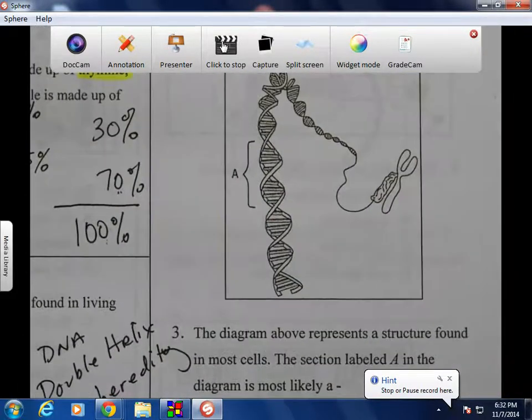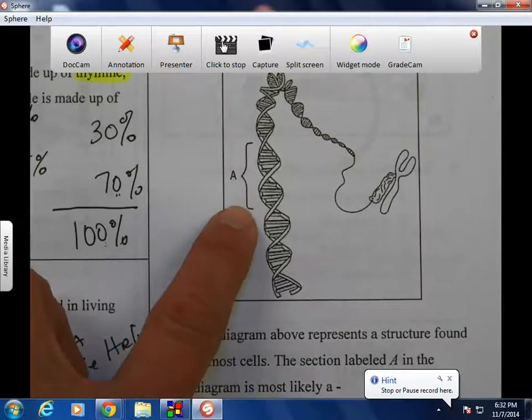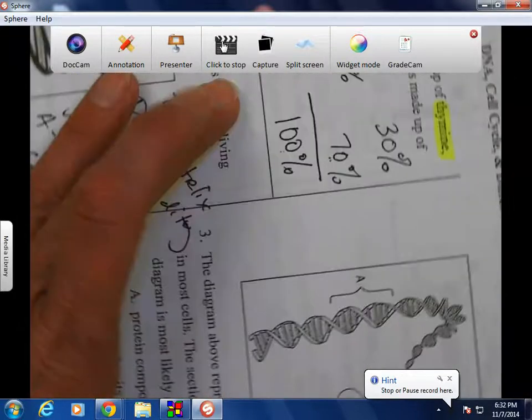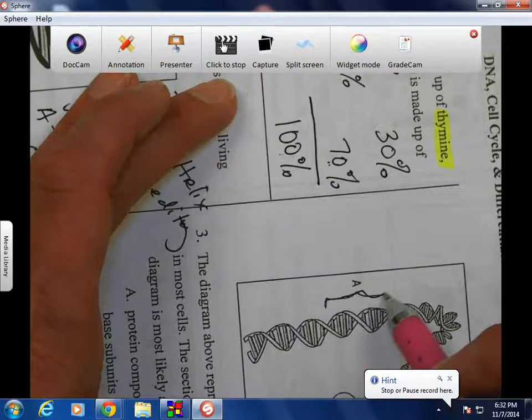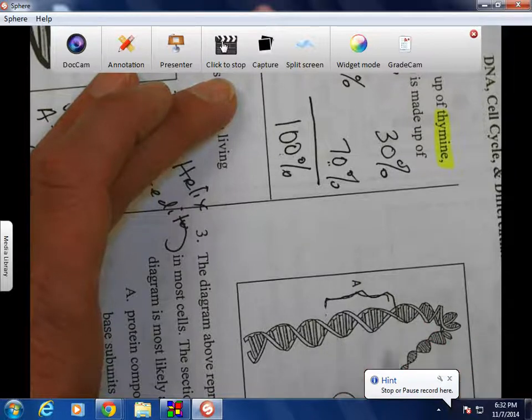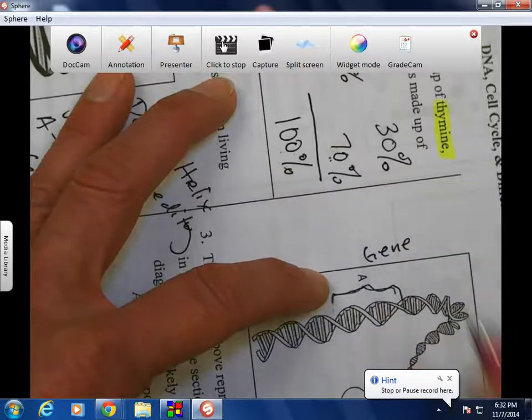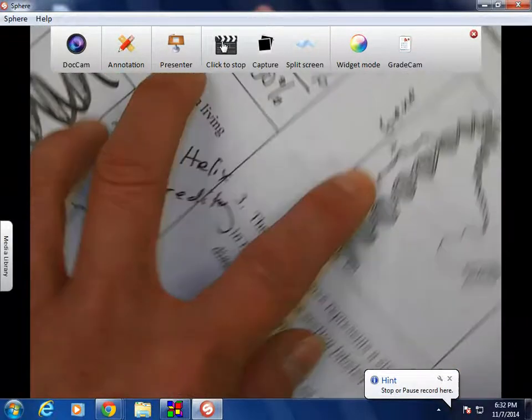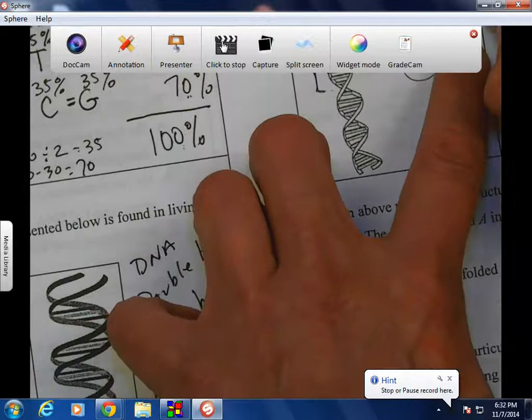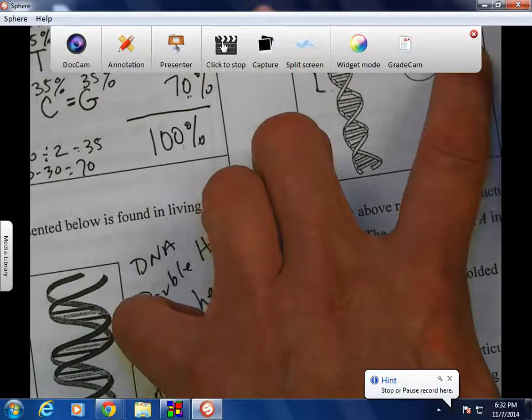Next question looks just like a vocabulary quiz that we had, in which we identify a specific section of the DNA. Well, this was a vocabulary word, and that's called a gene. Again, we have a double helix. This over here is a chromosome.